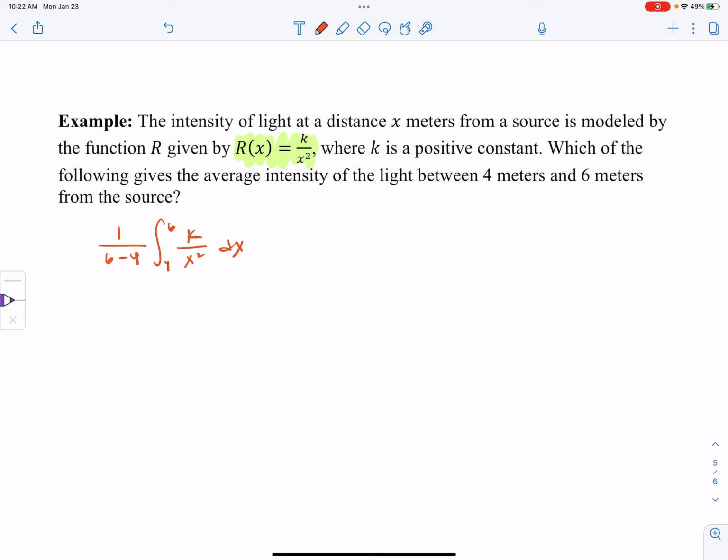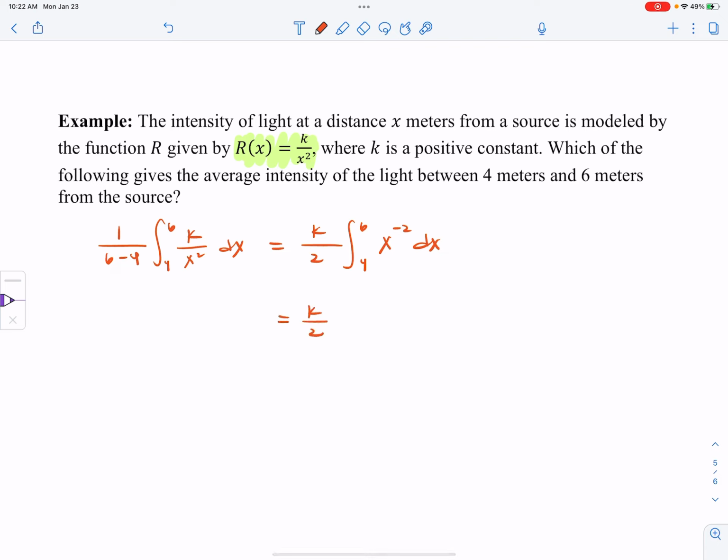Now k is a constant, so we're allowed to pull k out of the integral. So k over 2 times the integral from 4 to 6, and I'm going to rewrite that as x to the negative second power to think about using power rule for integration.